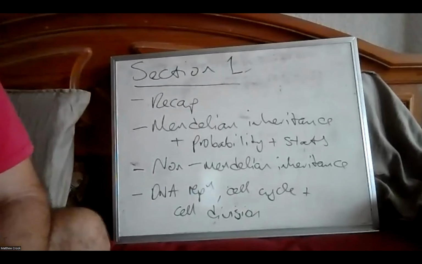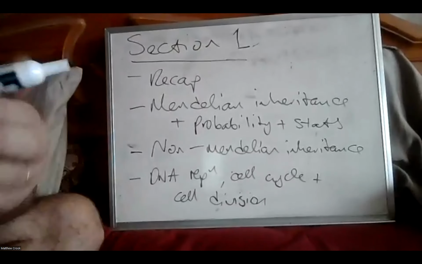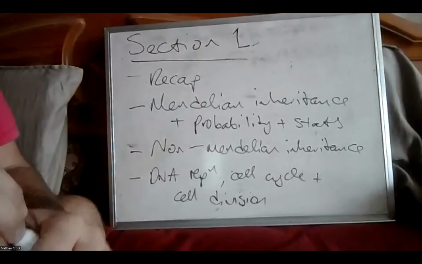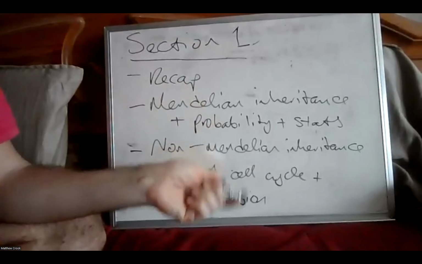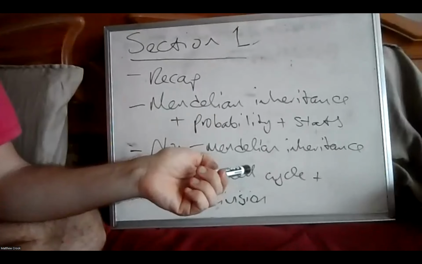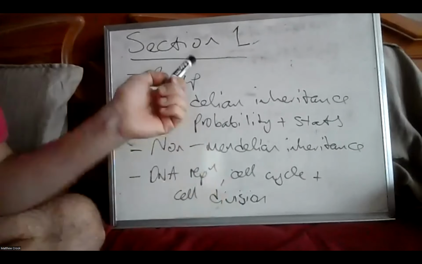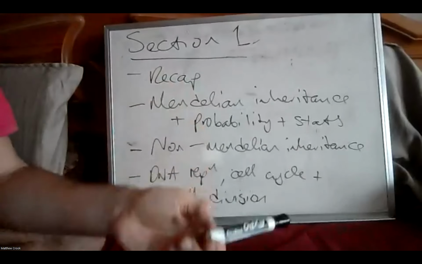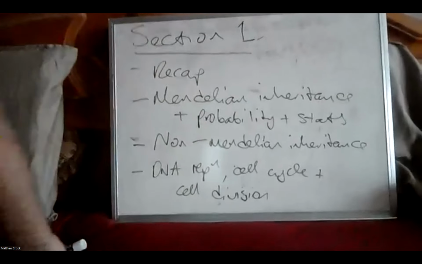Because that also ties into all of inheritance, right? So this is essentially what's going on at the gamete level, the cellular level. This is what's happening at the level of the individual.